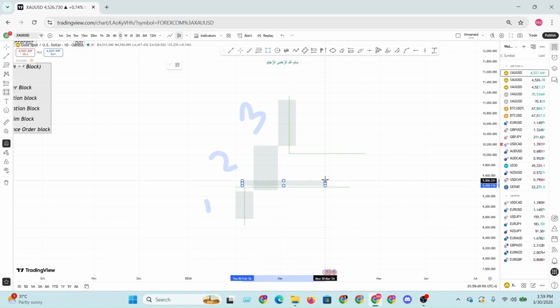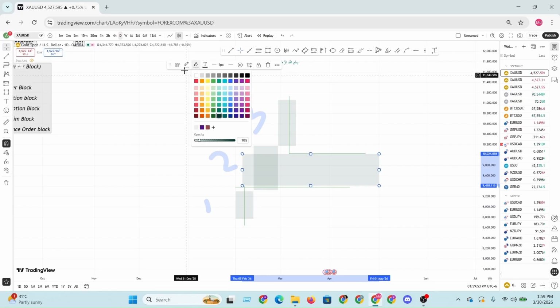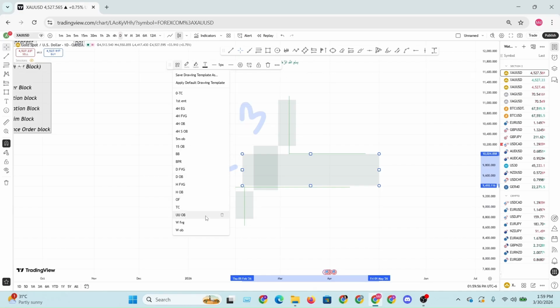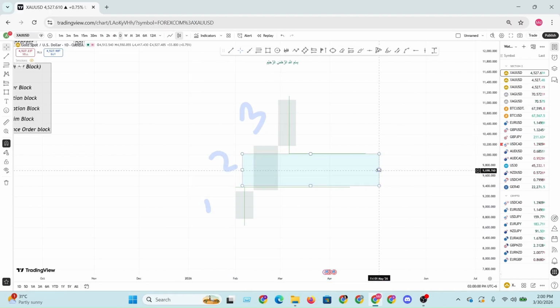This first candle, third candle gap is called FVG. Okay, this is the FVG.